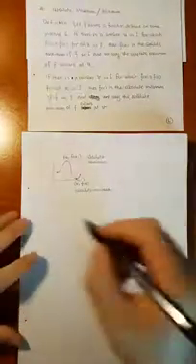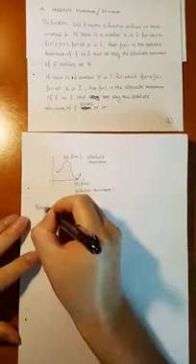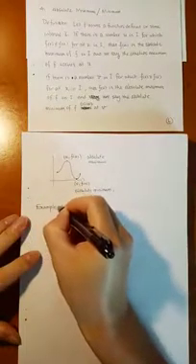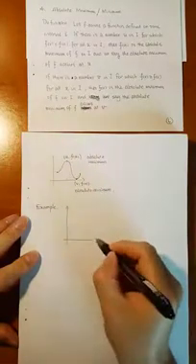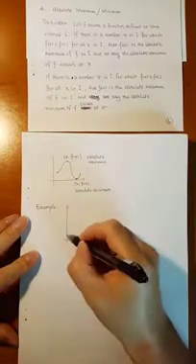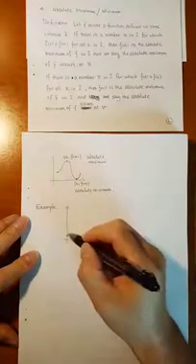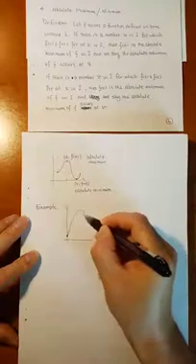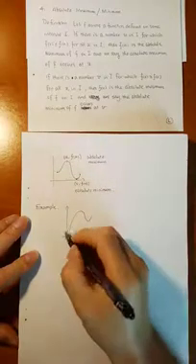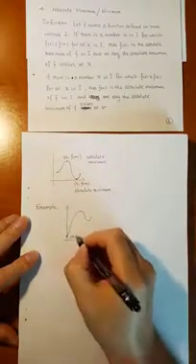Okay, so let's look at the absolute maximum or minimum based on the graph. If you have a graph like this, this point is (0, 1).